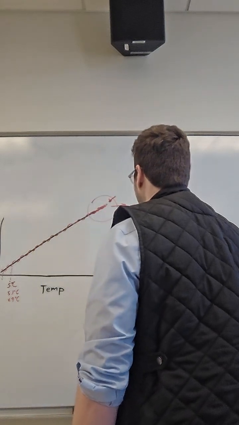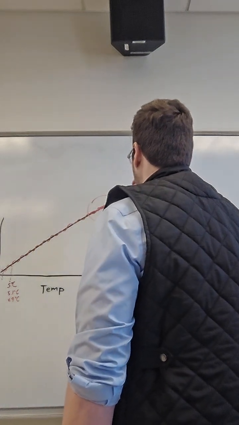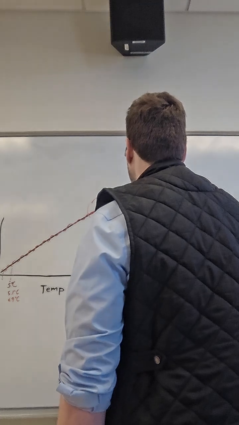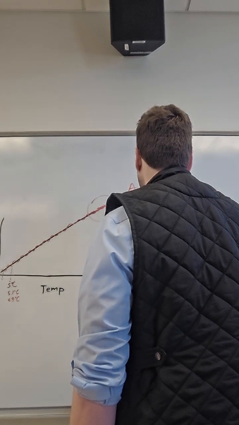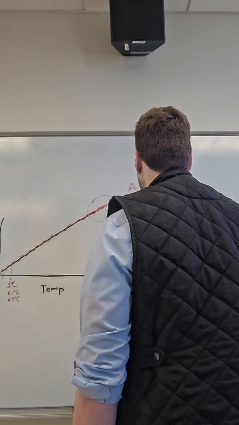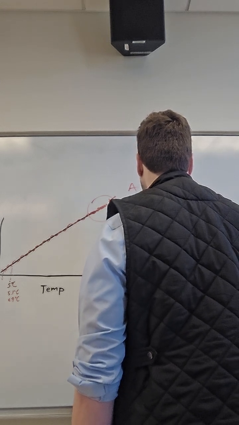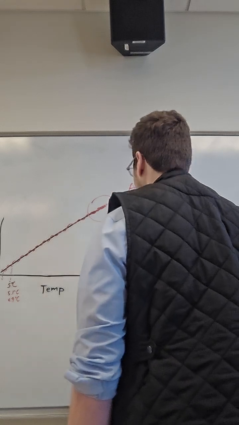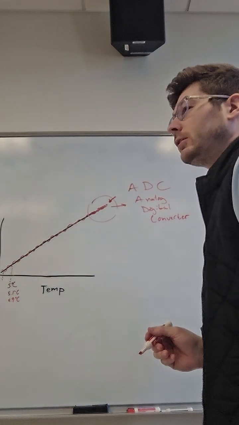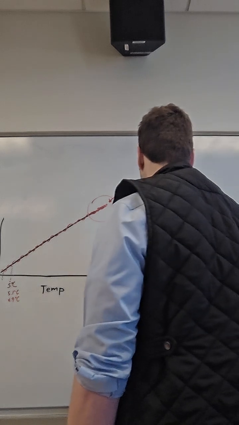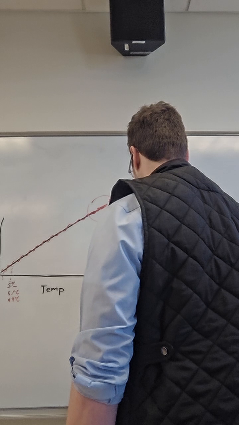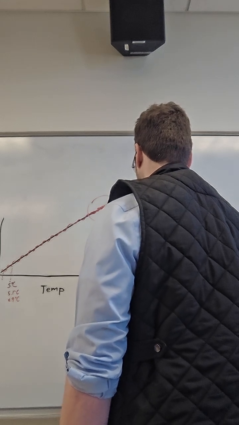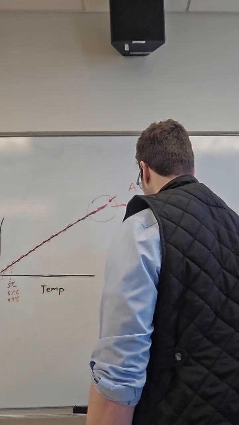So to get that into a computer, we must do something called an analog to digital conversion. An analog to digital converter is inside of our PLC's computer. And again, there's literally a chip inside of the device that has one of these pins.